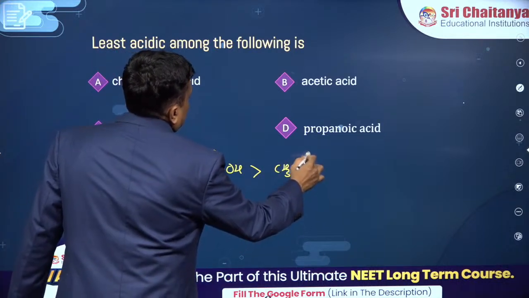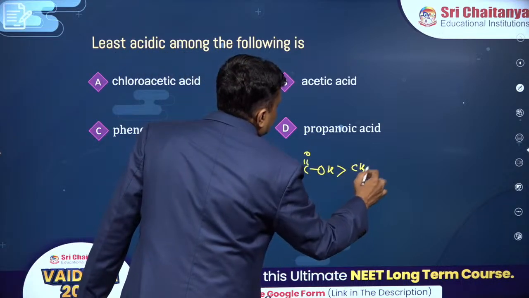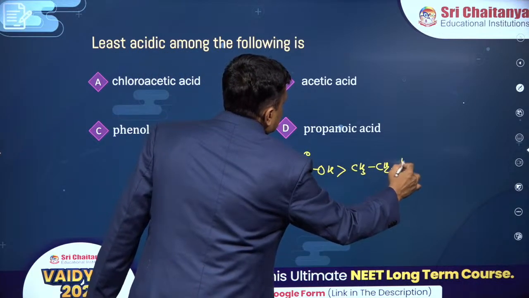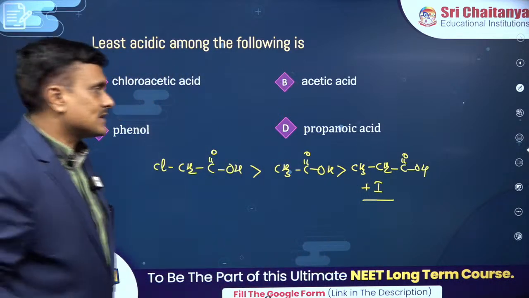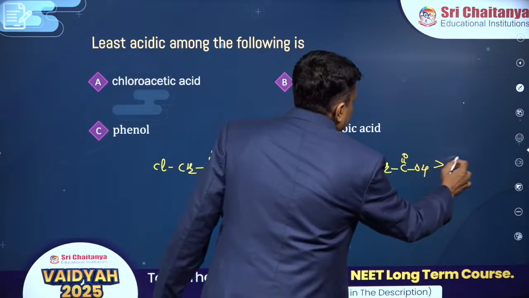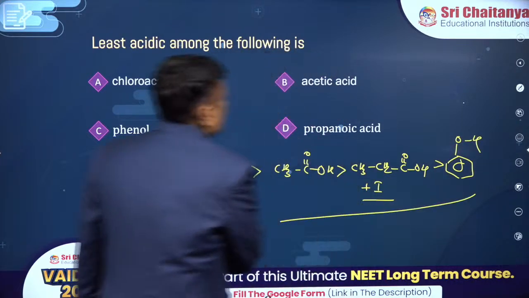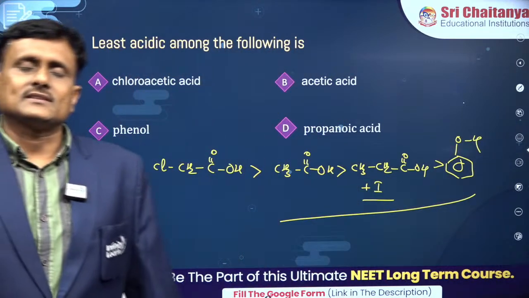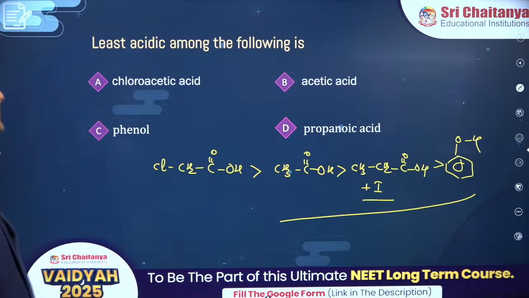The more the electron releasing group, the less acidic. But here the plus I effect will increase because of more carbon atoms, and you guys have immediately caught up. My mistake, glad. Carboxylic acids are more acidic than phenols and alcohols. Brilliant. Great going. So least is phenol.